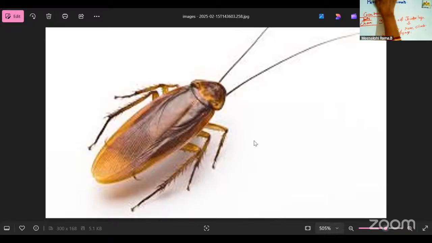These 3 actions, the 3 pairs of legs help their movement, and the 2 pairs of wings help with flying, and the strong muscles help the movement of the legs. These muscles are present inside the body.